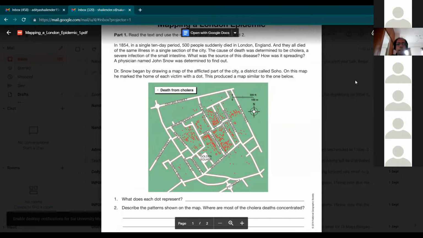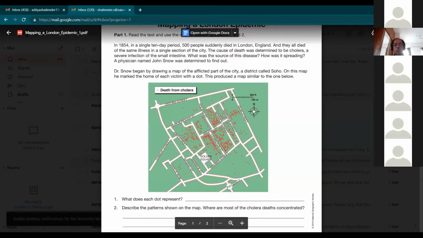So again, as I said, this is an assignment more for thinking about. You're asked to talk about what each dot represents. In this case, it represents a death. But you've already mentioned that a lot of the deaths are concentrated around Broad Street.